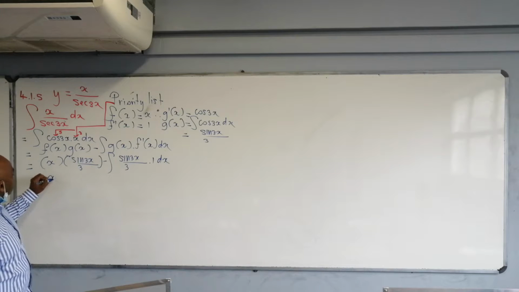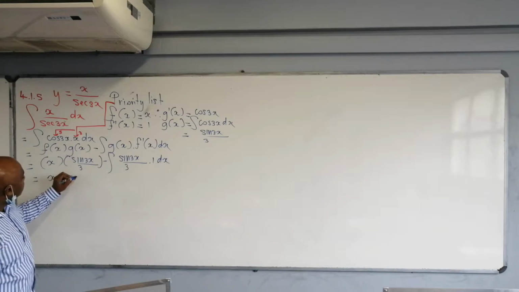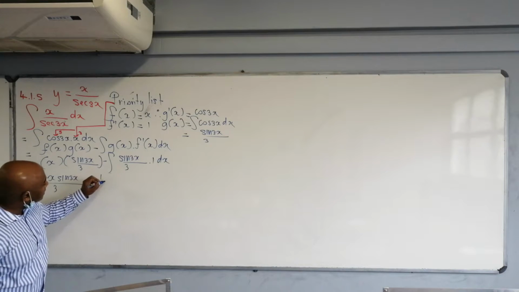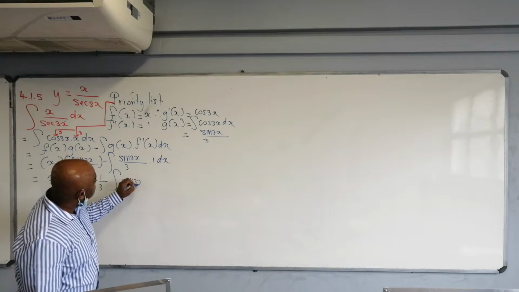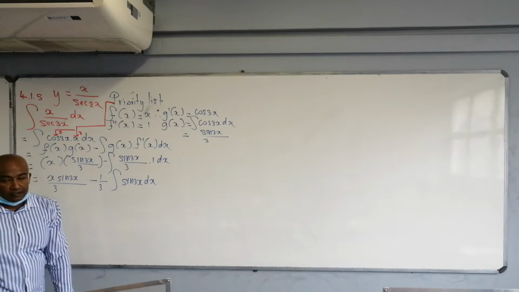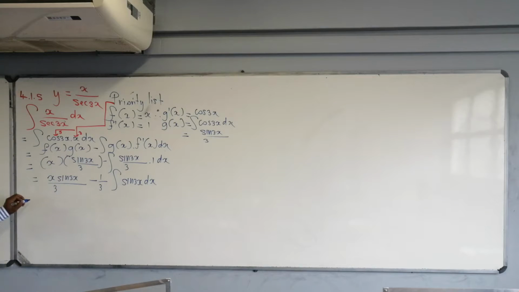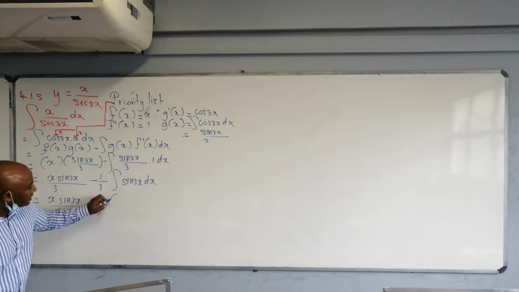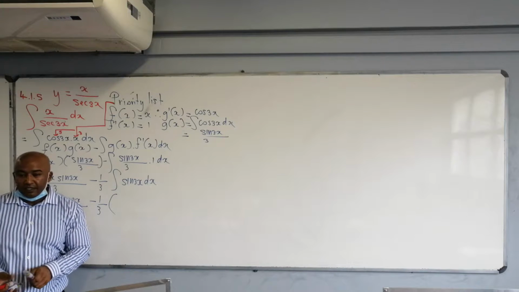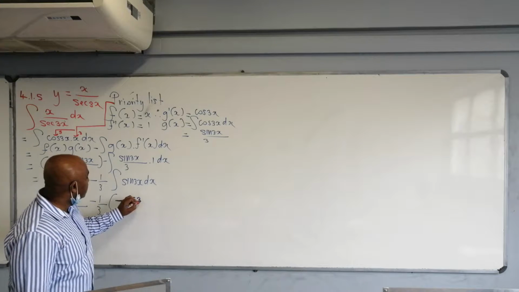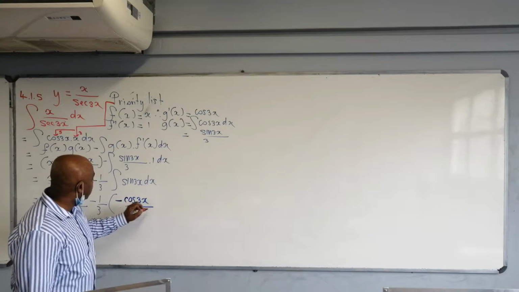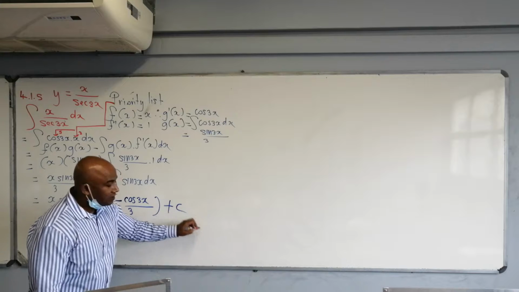So that becomes x sine 3x over 3 minus 1 over 3 times the integral of sine 3x. That will be x sine 3x over 3 minus 1 over 3 times, when you integrate sine, you get minus cos 3x all over 3, plus c.